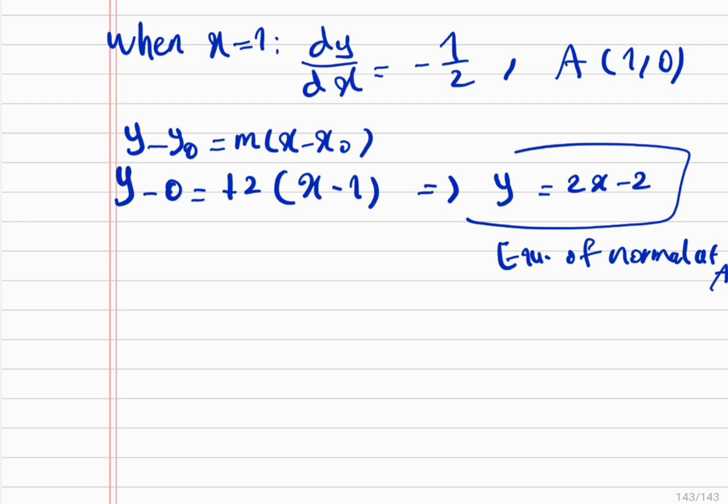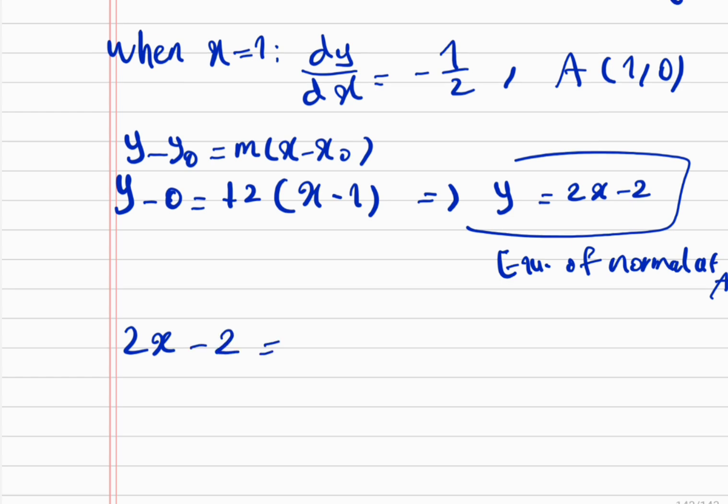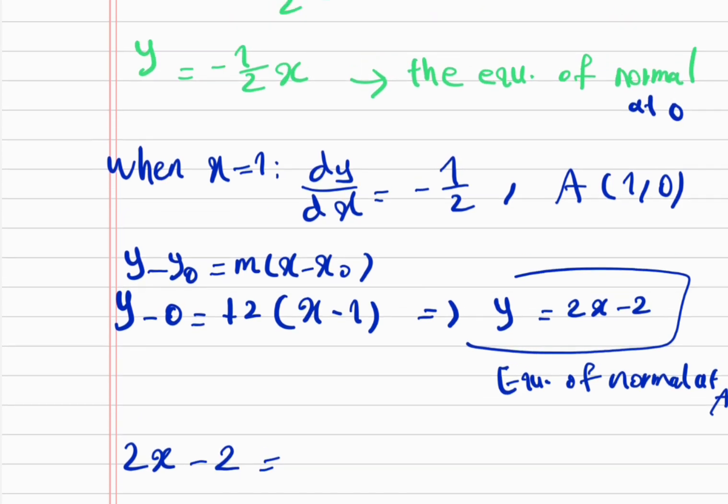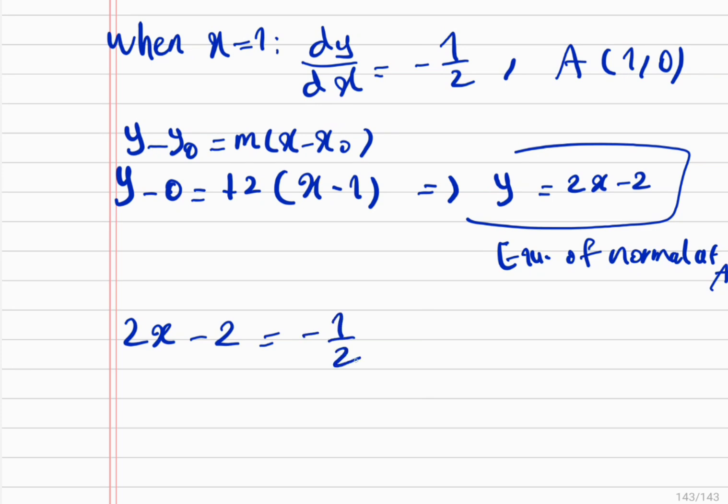Now that we have both equations, we just need to find the point of intersection. We set the two equations equal to each other. To find N, we set 2x minus 2 equal to minus a half x, which is the equation of the other normal.